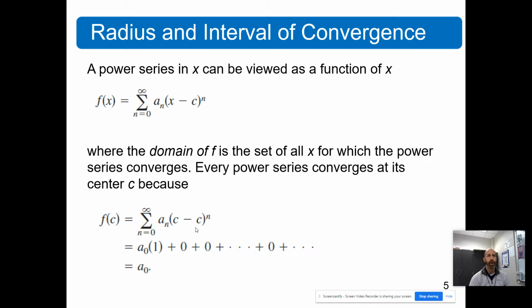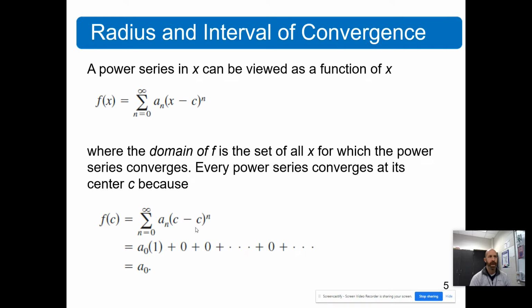A power series in x can be viewed as a function of x, where the domain of f is the set of all x's for which the power series converges. Every power series converges at its center. Here's the proof. f of c is equal to the sum from n equals 0 to infinity of a sub n, quantity c minus c, to the n. Well, c minus c is 0. 0 to the n is going to be 0.